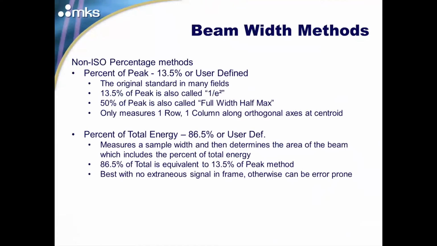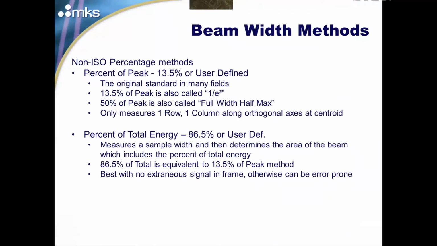The non-ISO methods, percent of peak, 13.5% of peak is probably the most popular in my experience. It's also called 1/E² method. 50% of peak is also called full width half max. So if you're used to that term, then to get full width half max in BeamGage, all you have to do is set a 50% peak clip level, and you'll have it there.